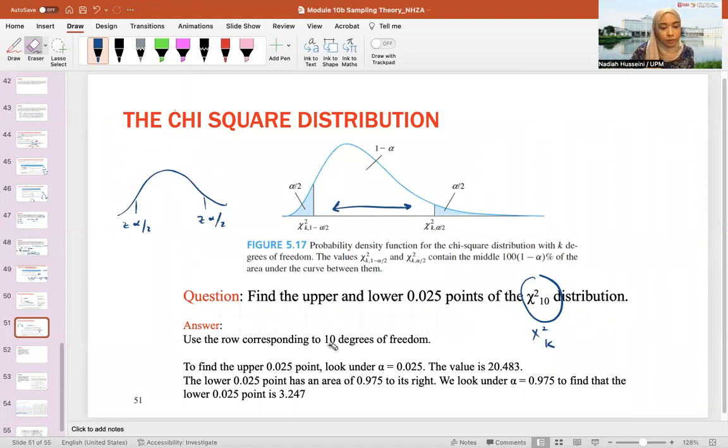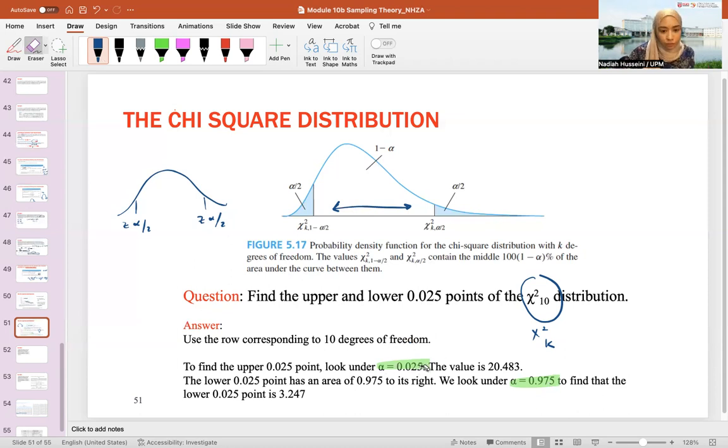Find the upper and lower 0.025 points for the chi-square distribution with 10 degrees of freedom. So use the row corresponding to 10 degrees of freedom. To find the upper 0.025, look under 0.025, and look at 0.975. What does this mean? This is your alpha over 2, and this is your 1 minus alpha over 2. Or is it the other way around? Let's see, I need to look at the table.